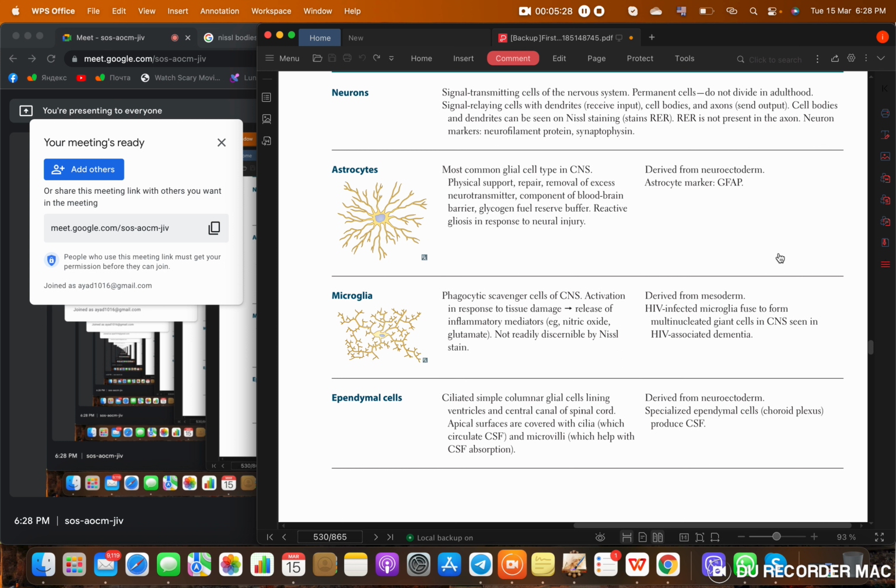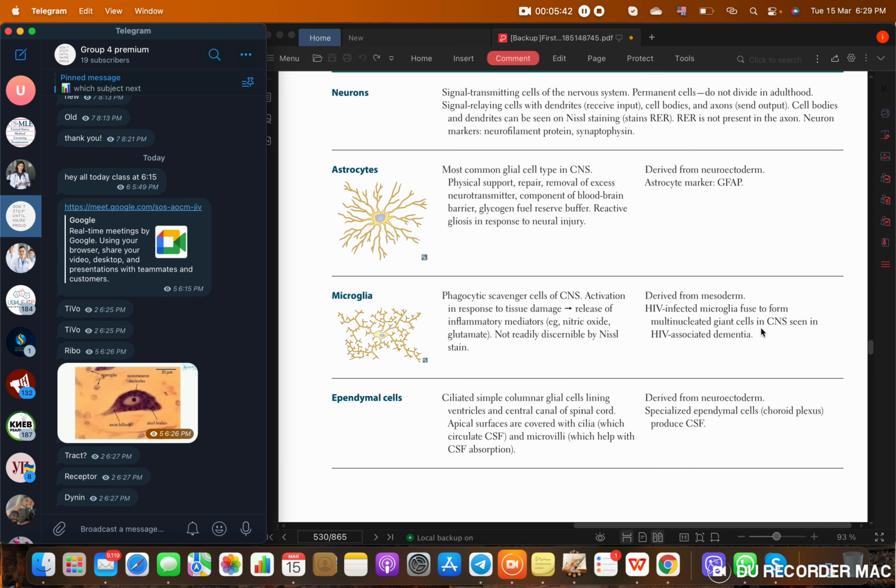removal of excess neurotransmitter. You are like, wait a second, but you told us that when neurons die, we cannot replace them. They are gone for good. They will not be back. That's true. So how can they help in the process of repair? Exactly. It's the process of repair, not regeneration. Regeneration and repair are totally different processes.